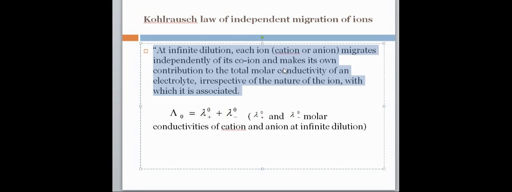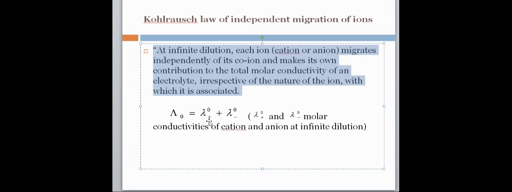So basically, the molar conductivity at zero concentration is the sum of the molar conductivities of individual ions. Which are the individual ions in a solution? You must be knowing, my dear students, every substance, every solution has its cations and anions.